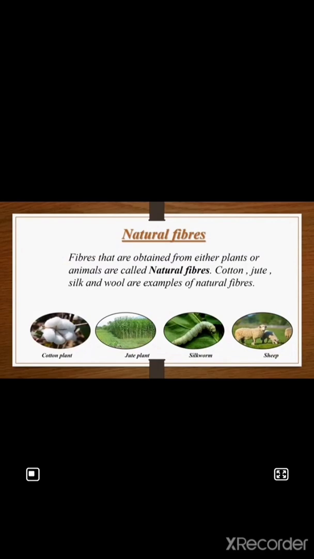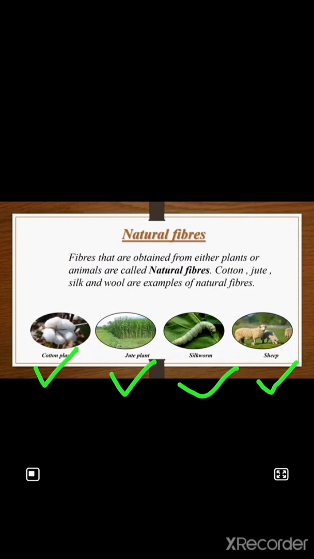Right? So here you can see the examples of natural fiber: cotton plant, jute plant, silkworm, sheep. Wool we get from sheep. Silk, your mother has a silk sari, and if you are a girl, you have a silk gown also. You can see silk.